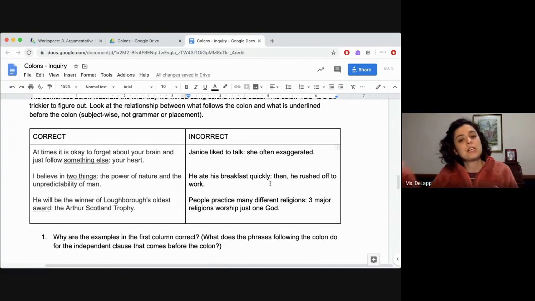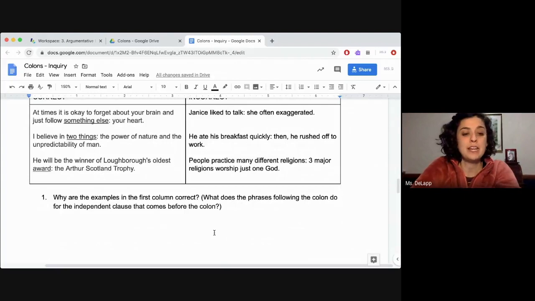But if we look over at the correct column, we still have those underlined phrases really being defined by what comes after the colon. But what comes after the colon isn't a complete sentence. It's just a definition of what came right before the colon. So that's actually what the last usage of a colon is.